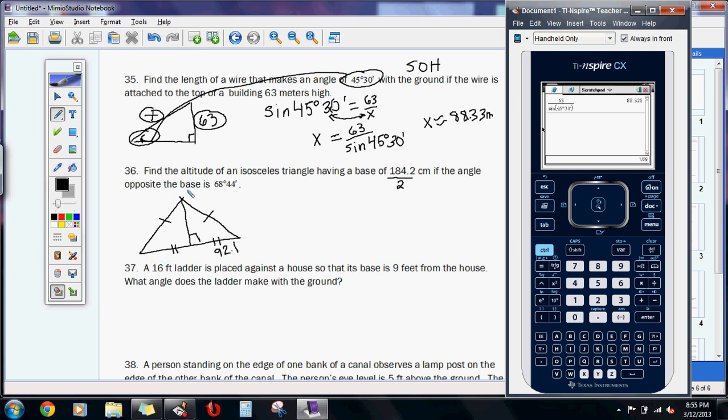And then the angle opposite the base, so if this is the base, then the angle opposite the base is 68 degrees 44 minutes. Well, I'm going to also divide that by 2, and you'll see that I'm going to get 34 degrees 22 minutes for that angle. Now they're telling me to find the altitude, so I'm going to call that x, and here we are again.